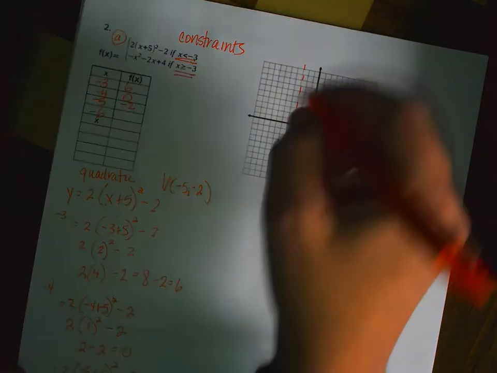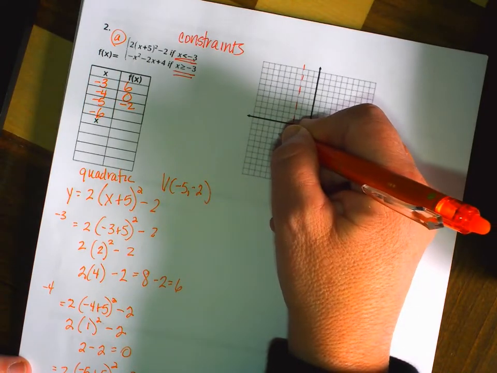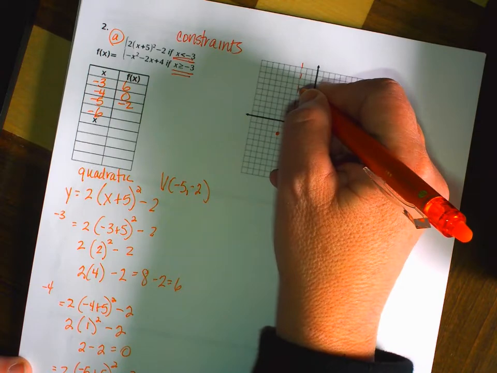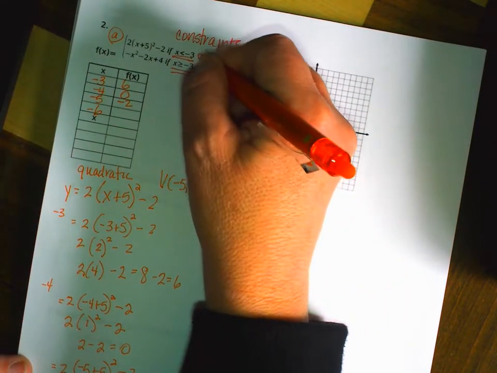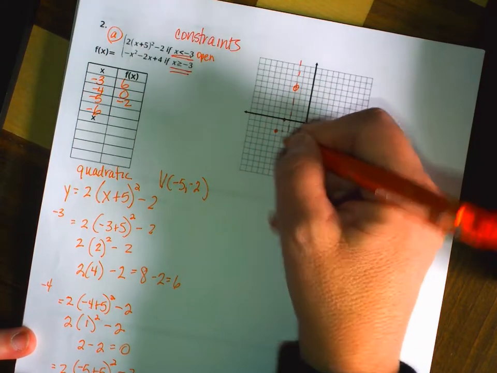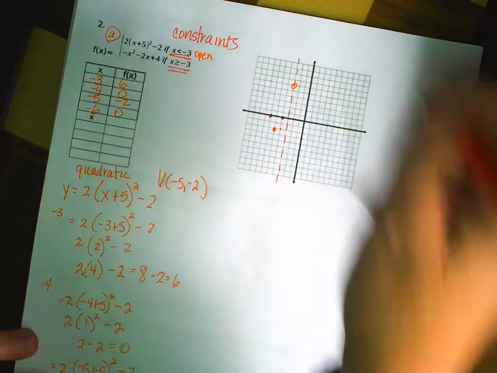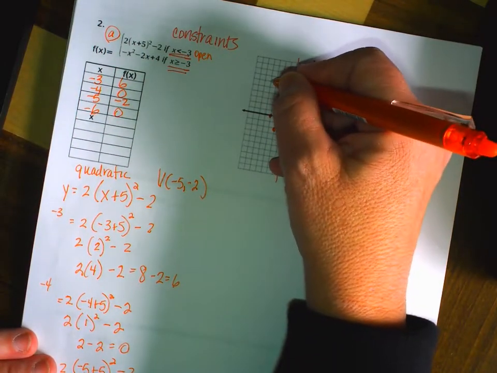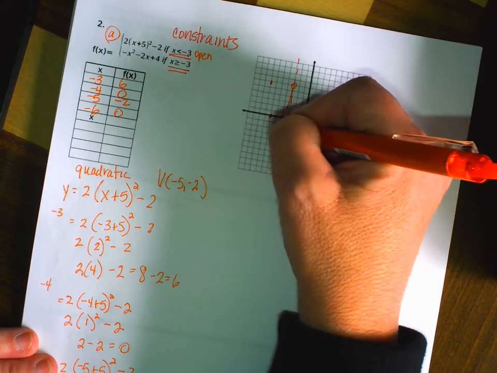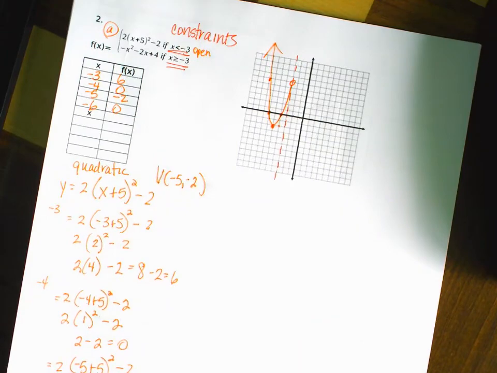So if my vertex is negative 5, negative 2, and I have negative 3, 6, but that's an open circle, and I have negative 4, 0. Since this is my vertex, I know that this is going to mirror it on the other side. So negative 6 is also going to be 0. And then up here, it's going to be 6. And so, again, always have your vertex so that you know where it's curving when you've got a quadratic. And so that's just on that side.